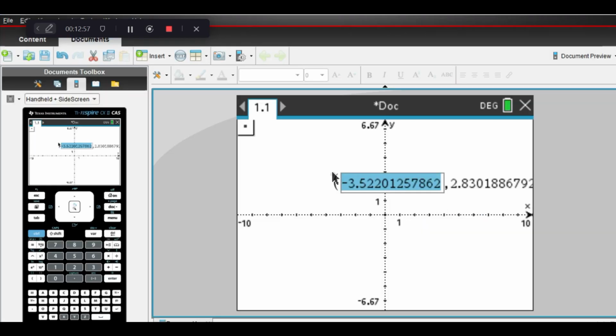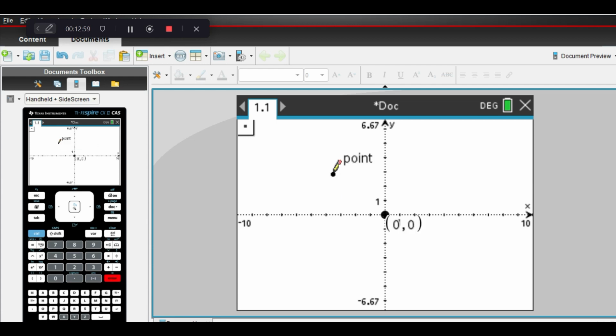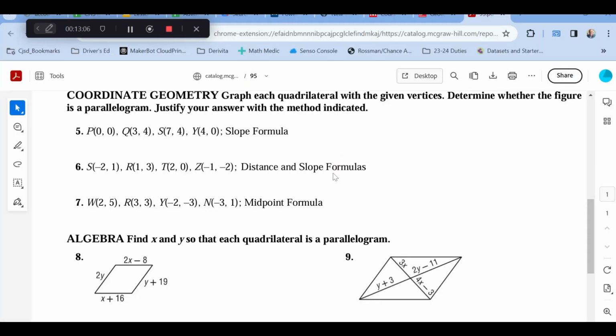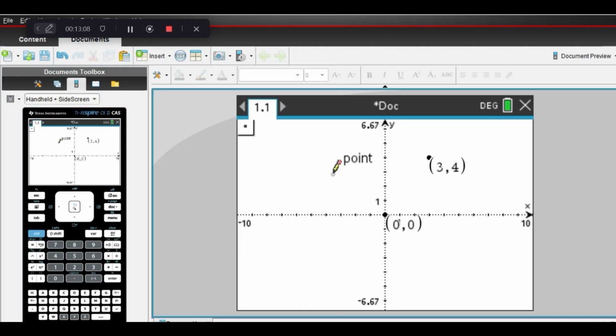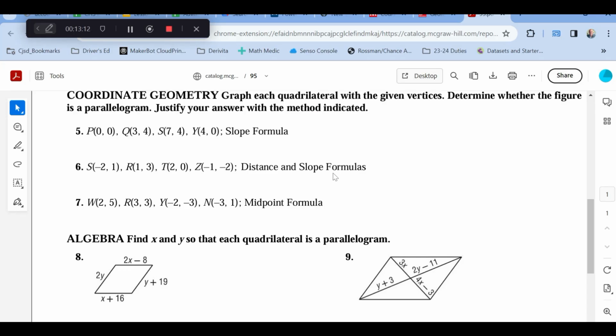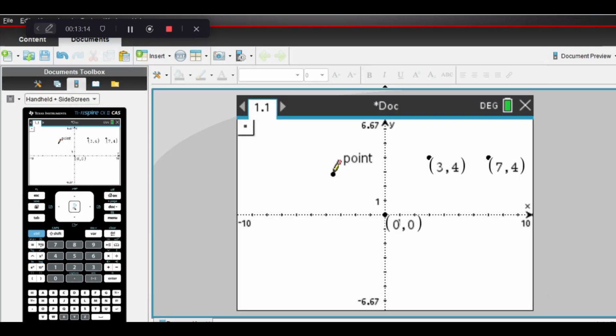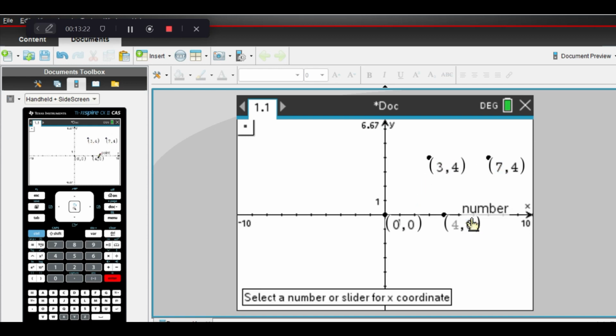So P was at 0, 0, that's P. Q is at 3, 4. S is at 7, 4. And Y is at 4, 0. So here I have P, Q, Y, and S, okay?